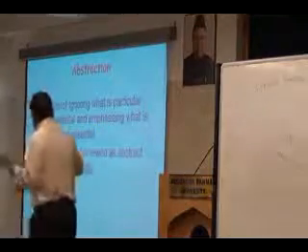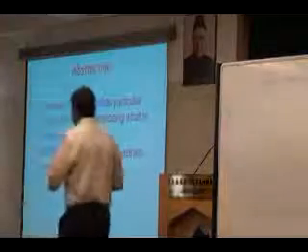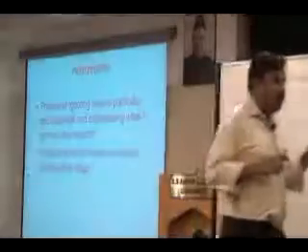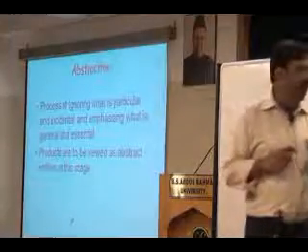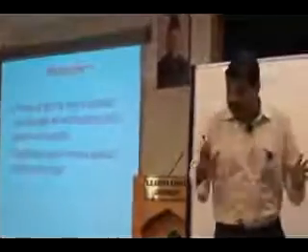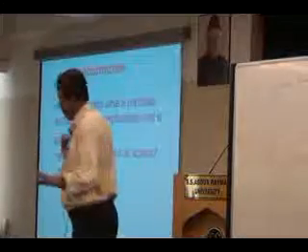So product design at this level has to be viewed as an abstract entity. Abstraction is nothing but ignoring what is specific, ignoring what is incidental, and concentrating only on what is general and essential. That is the process of abstraction, and that has to take place at this stage of product design.